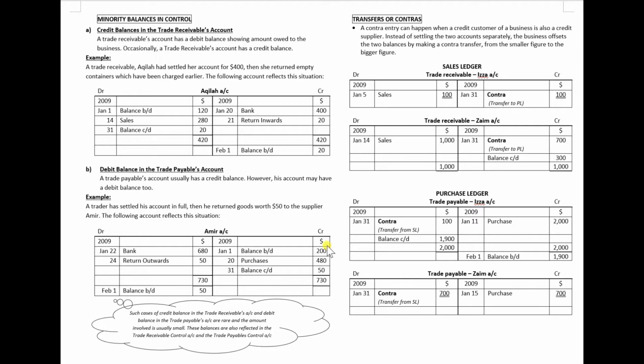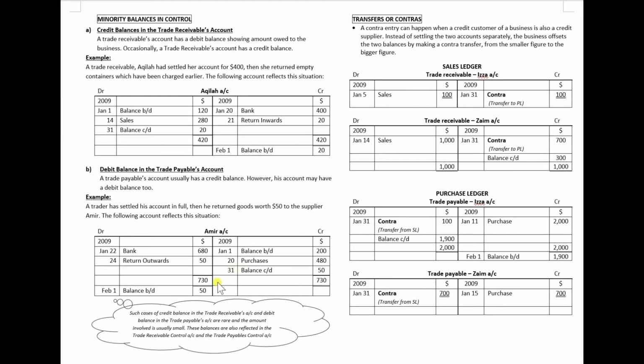So our balance has 200, okay? And then we purchase from Amil again 480. So 680. And then we pay to Amil, bank, okay? Amil receives it. So no more owing. But after that, we purchase and then we return $50, okay?